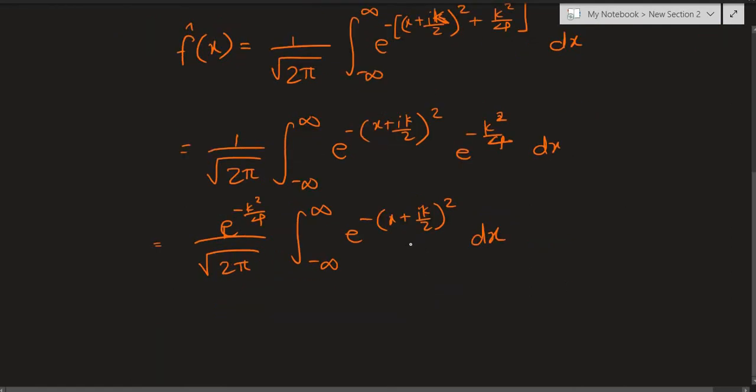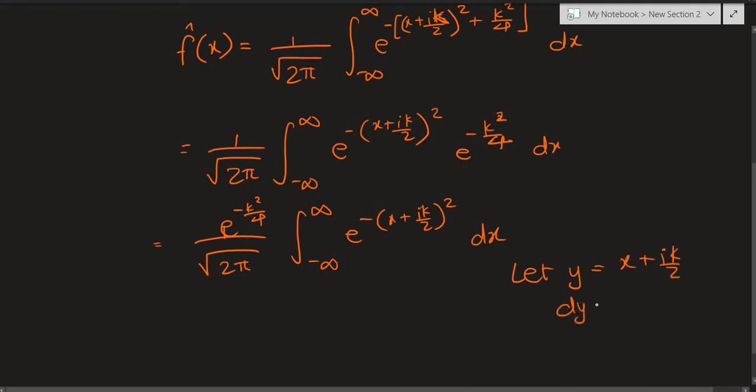Now notice that this has a very similar form to our original Gaussian integral. So let's make a quick substitution. Let's let y equal whatever was inside the square, so x plus ik over 2.